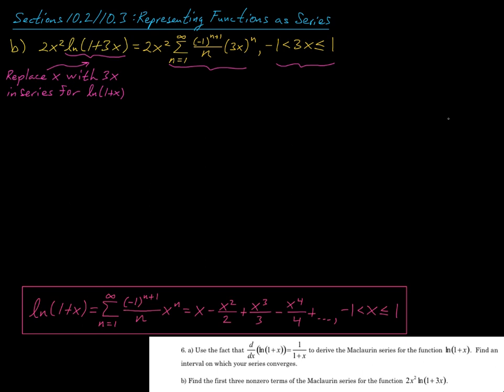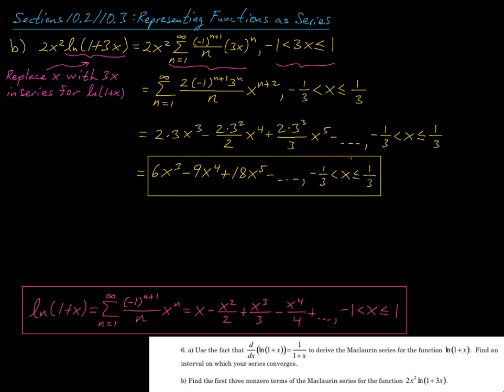All right, now let's go ahead and clean this up a little bit. Here I'm going to distribute the 2x squared, so the 2 comes in right here. I still have the -1 to the n plus 1, that's right here. Now for the 3x to the n, I'm just breaking these apart. So I have my 3 to the n here, and then I have my x to the n here.